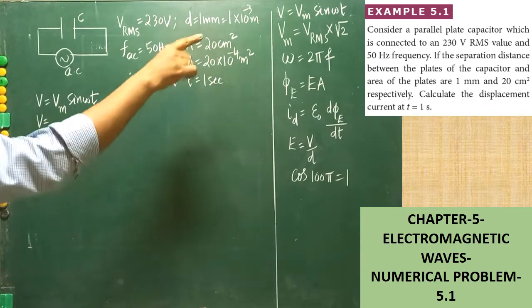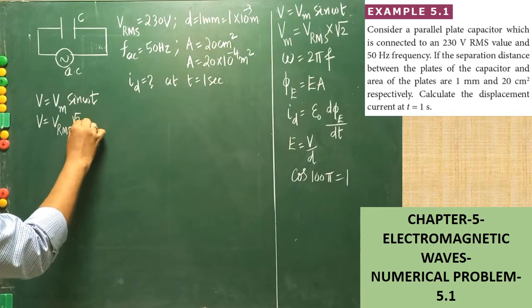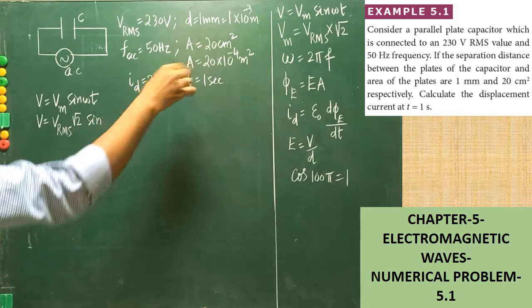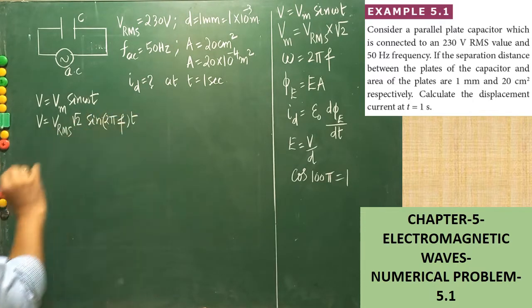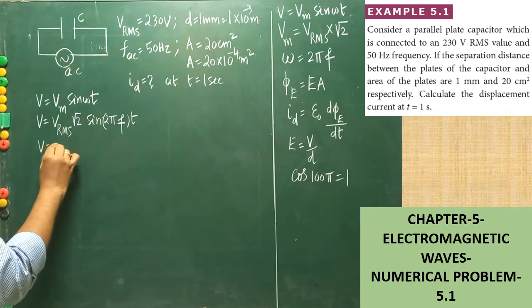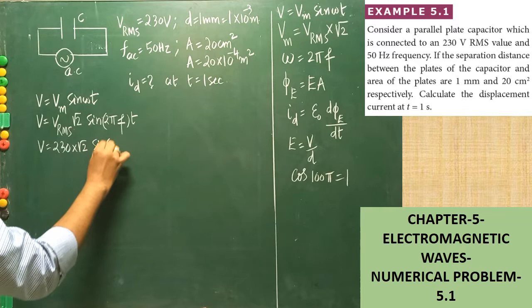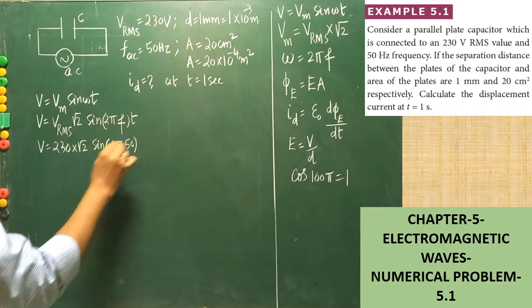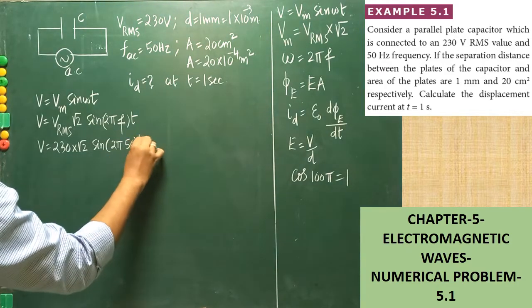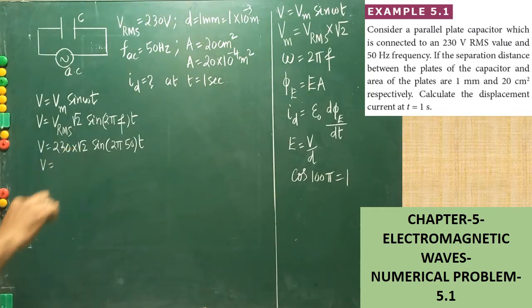V is equal to Vm, and Vm formula is Vrms root 2 sin, instead of omega we can write 2 pi f into t. This is the formula. The next step we can write, Vrms value is already given, 230 into root 2 sin, and here instead of f we can write 2 pi into 50 into t. The next step, the 230 is to be multiplied with root 2.